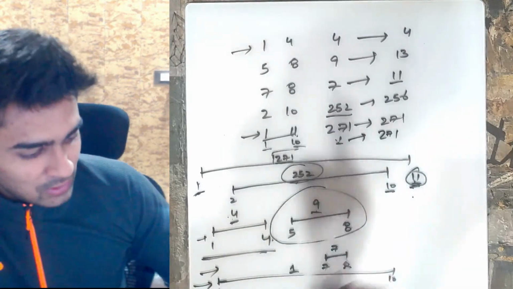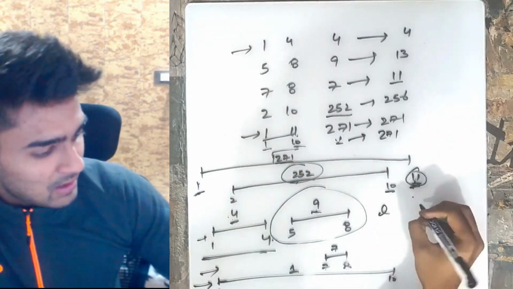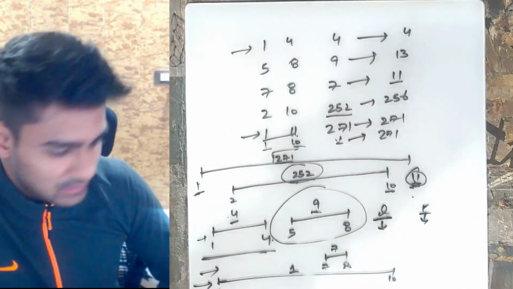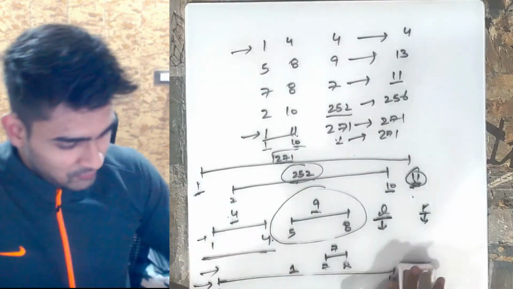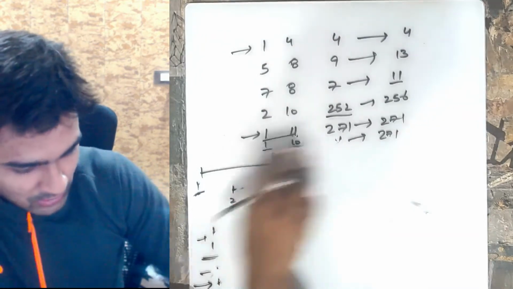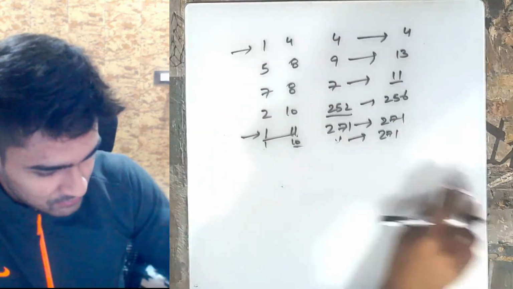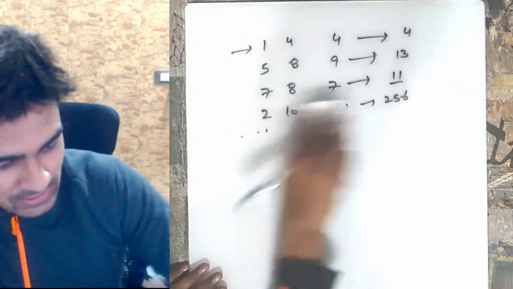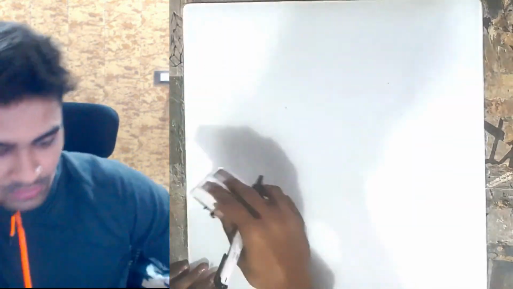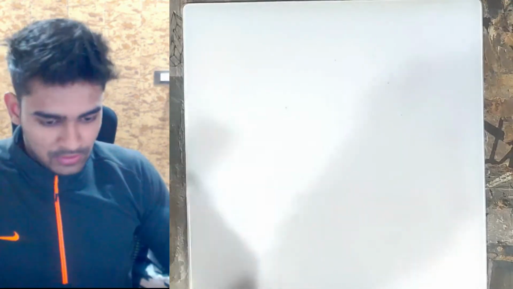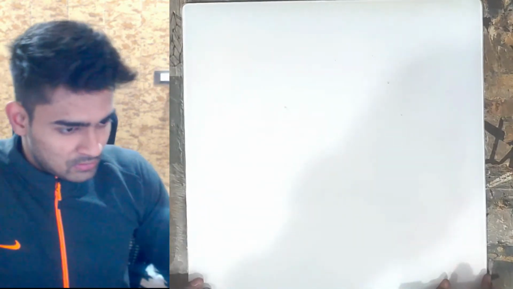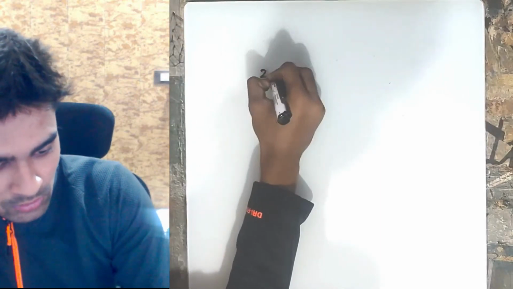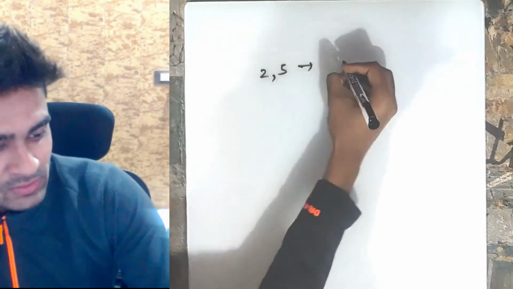Now if you see, the only two things that we care about are L and R. The minimum L that we can get and the maximum R that we can get. So I'll just frame an example to make you understand this one. Let's say we had an interval 2, 5, and the cost of this was 5.